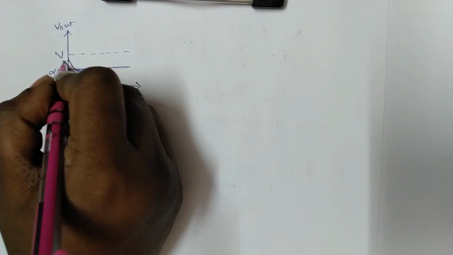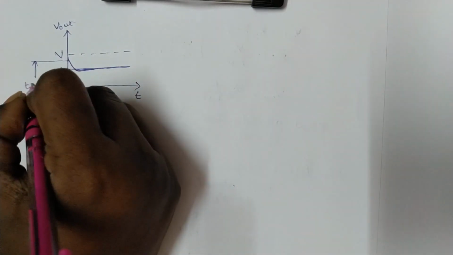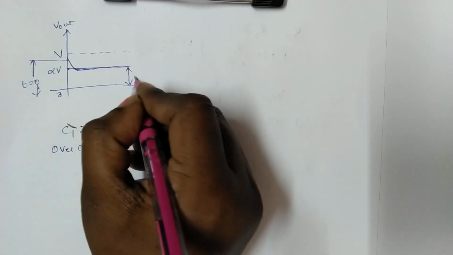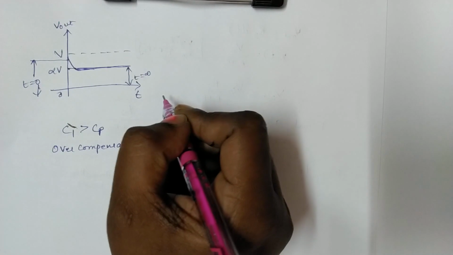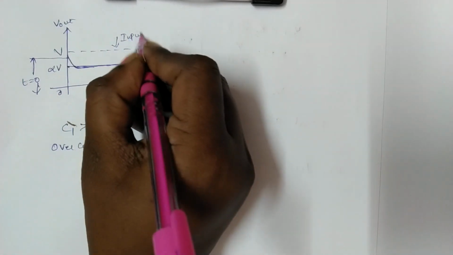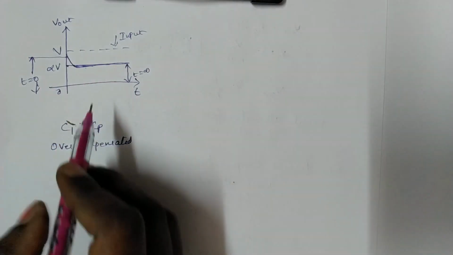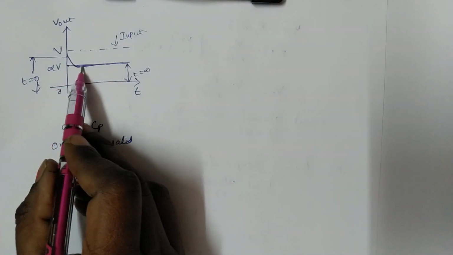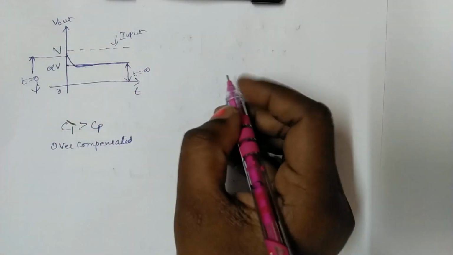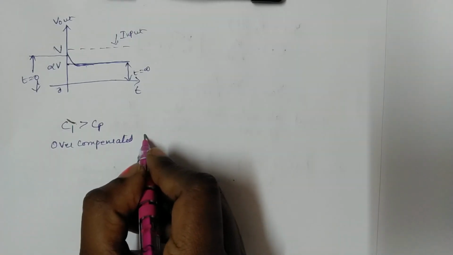That means this is the condition of t equal to 0 and this is the condition of t equal to infinity. This is the actual input, but the output is this one, overcompensated. It is not getting exactly to alpha into V; it is overcompensated, but it is not reaching V. This is called an overcompensated attenuation.